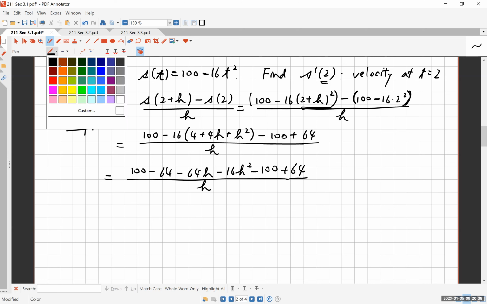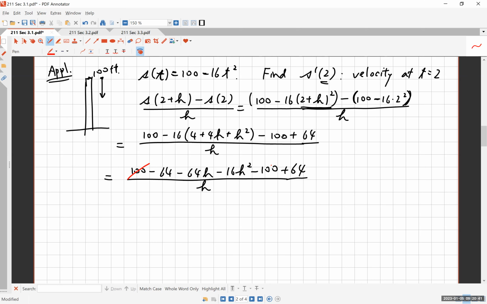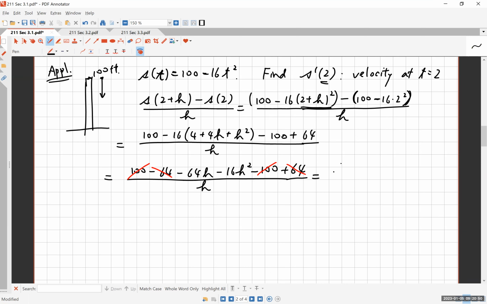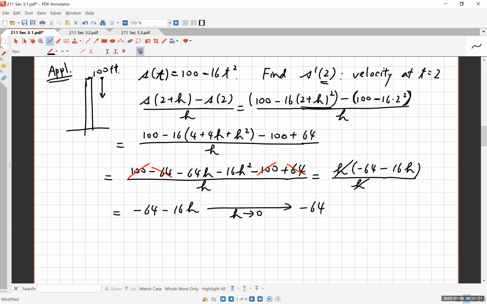Now I don't have to do a lot of arithmetic because a lot of these things will cancel out. Well, let's see. We can at this point factor out h from the numerator too, right? So you have h times negative 64 minus 16h. The h cancels. Negative 64 minus 16h. As h approaches 0, this becomes negative 64.